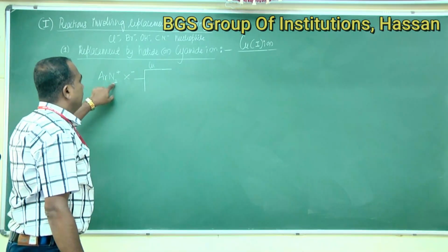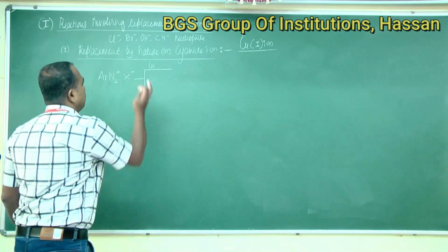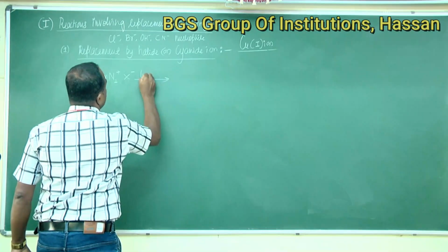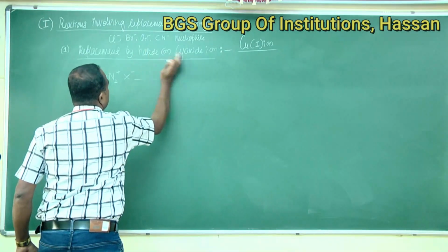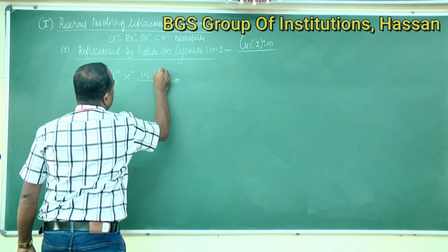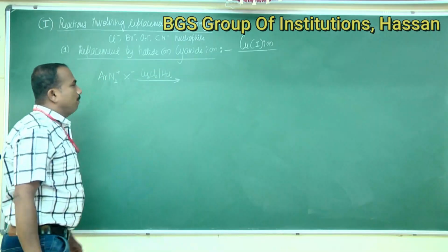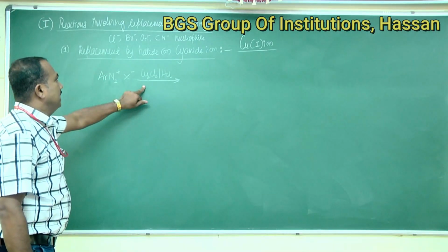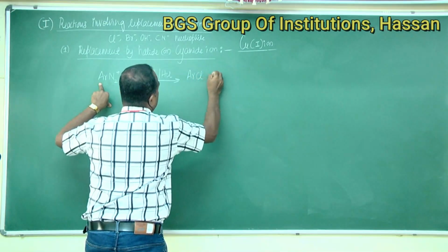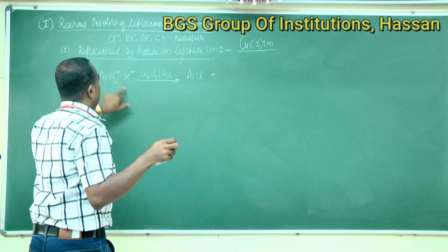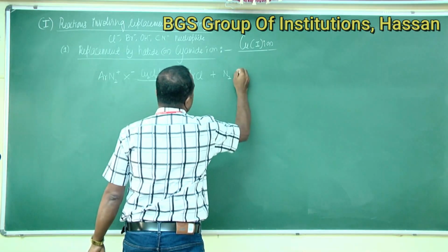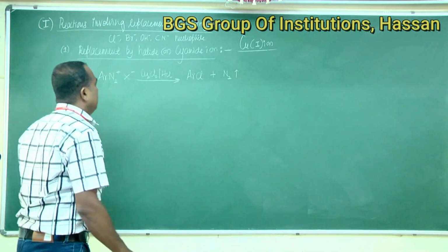So ArN2 plus X minus, on treating with Cu2Cl2, cuprous chloride, gives ArCl plus N2 gas.